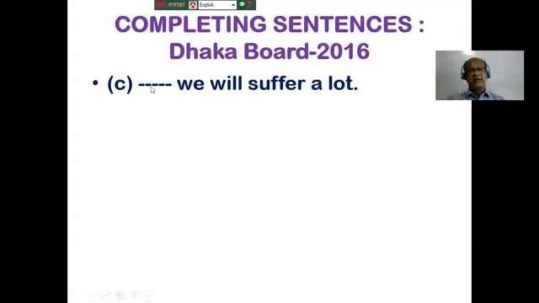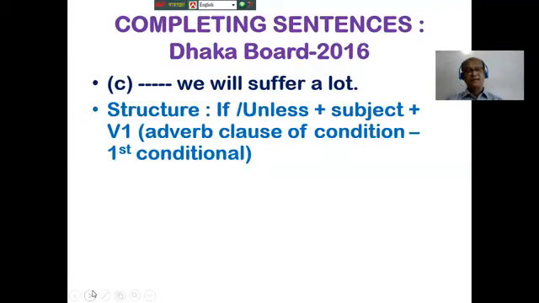The sentence part may start with if, it's a conditional structure. The structure: if or unless plus subject plus V1. Always we use V1 to indicate a thing that happens regularly. That is called first conditional. First conditionals are conditions which we can fulfill.